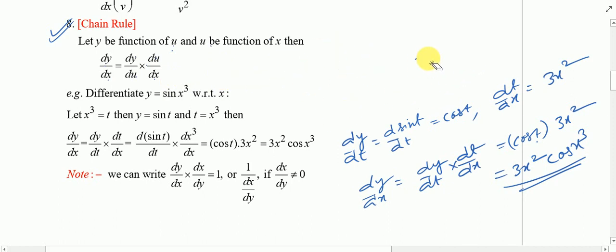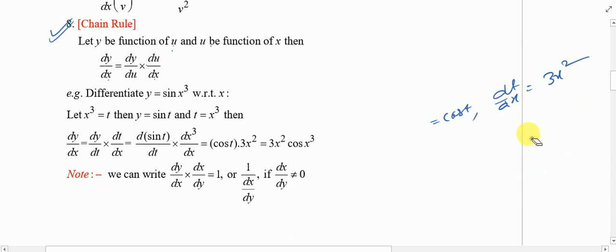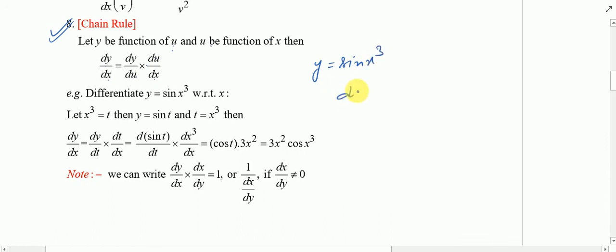But you should try to do it directly, unless you are asked to use the chain rule, because using chain rule, most of the time we waste our time. Here it was given y equals sin x cube, so you can do it directly.